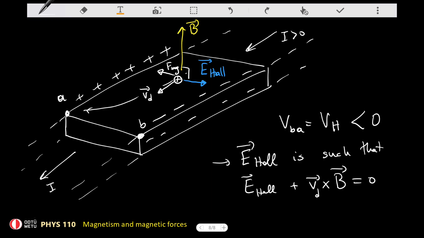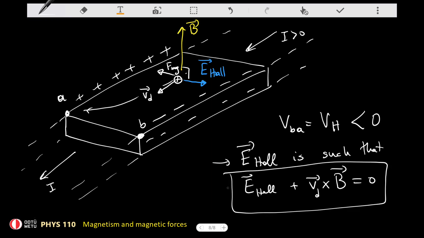Okay, so this is the essential idea in here, and you can see that by measuring the Hall potential difference, you can measure the Hall electric field. And once you know the electric field, and you also know the applied magnetic field, you can measure the drift velocity in here.